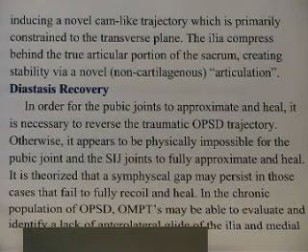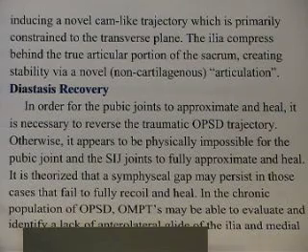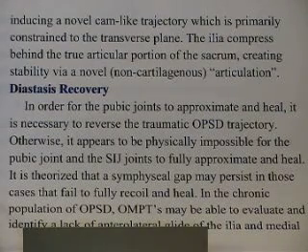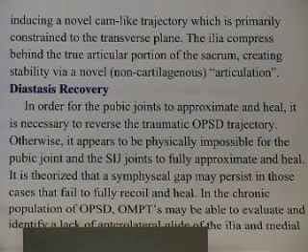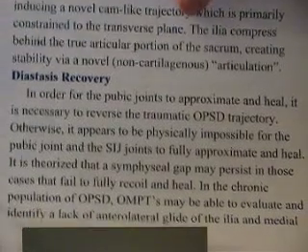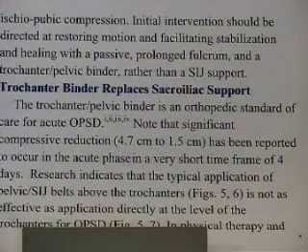In the chronic population of obstetric pubic symphyseal diastasis, orthopedic manual physical therapists, women's health physical therapists, etc., may be able to evaluate and identify a lack of anterolateral glide of the ilia and medial ischiopubic compression.